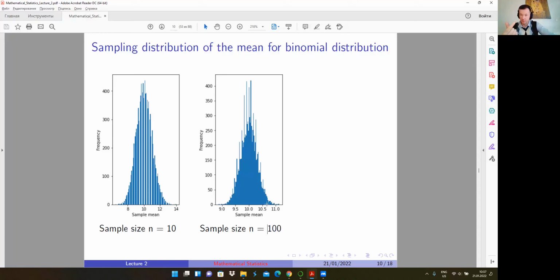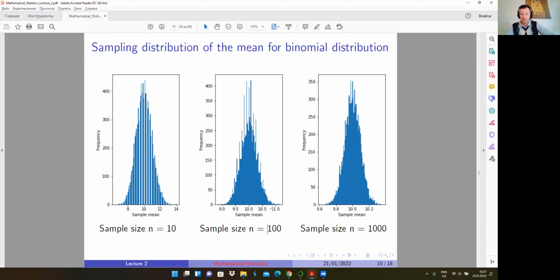This distribution becomes tighter because now the maximum and minimum are around 9 and 11. Still it's centered around 10. For the sample size of 1000, it's still centered around 10, and the variance becomes even smaller.